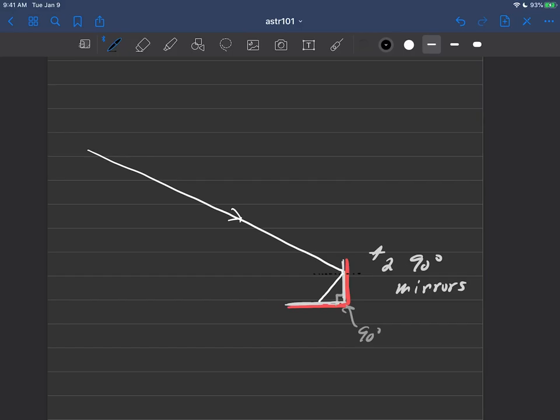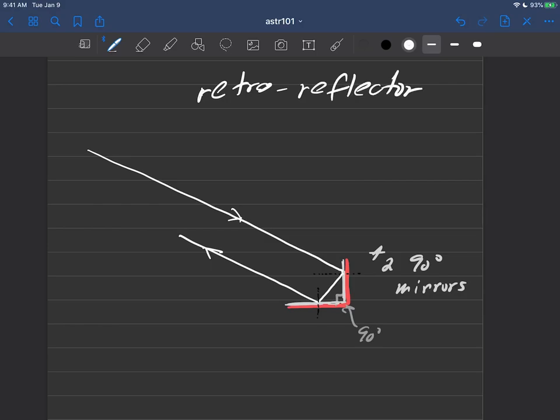And so there's another normal in here, which looks like that. And here comes the light ray off of that normal, something like this. And so can you tell what a retroreflector does? Retro is the key word. Retroreflector. So you can tell that this is the light ray going in, and this is the one going out.